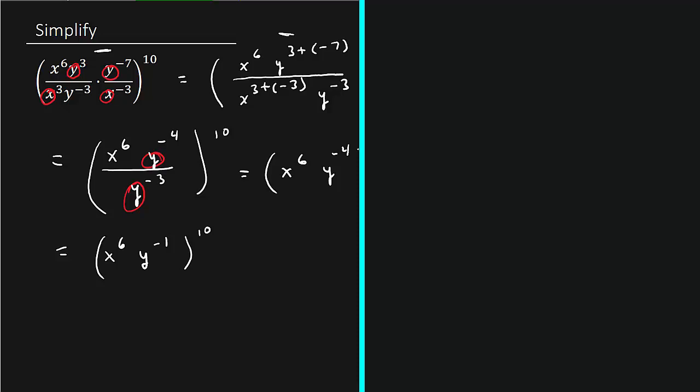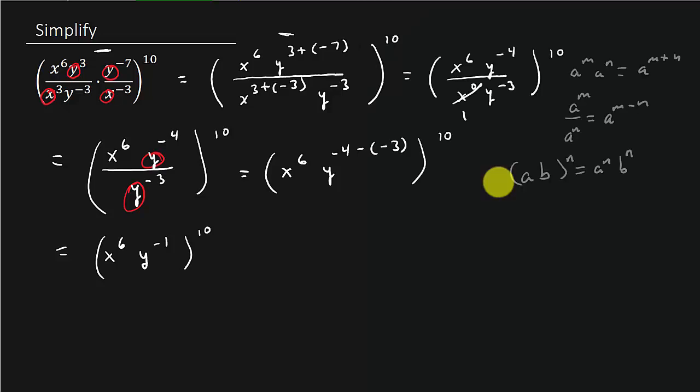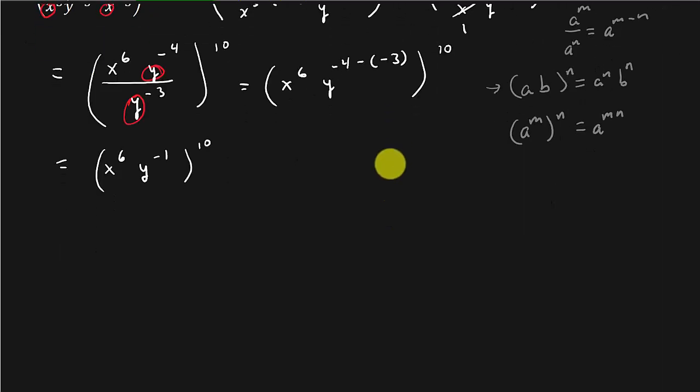And then we have a property that says a to the m raised to the n is a to the m times n. So what we're going to do first is use this property right here. We've got the x to the 6th and y to the negative 1 raised to the 10th power.